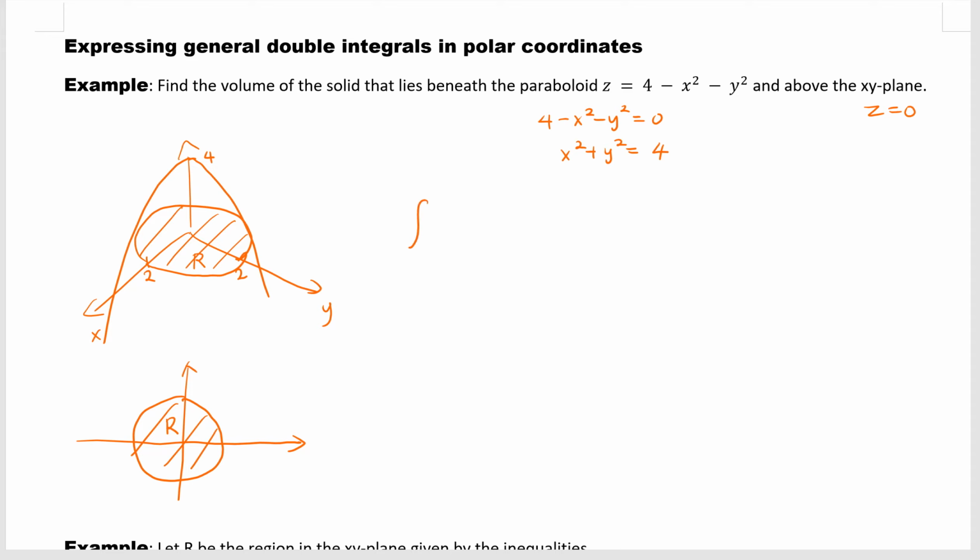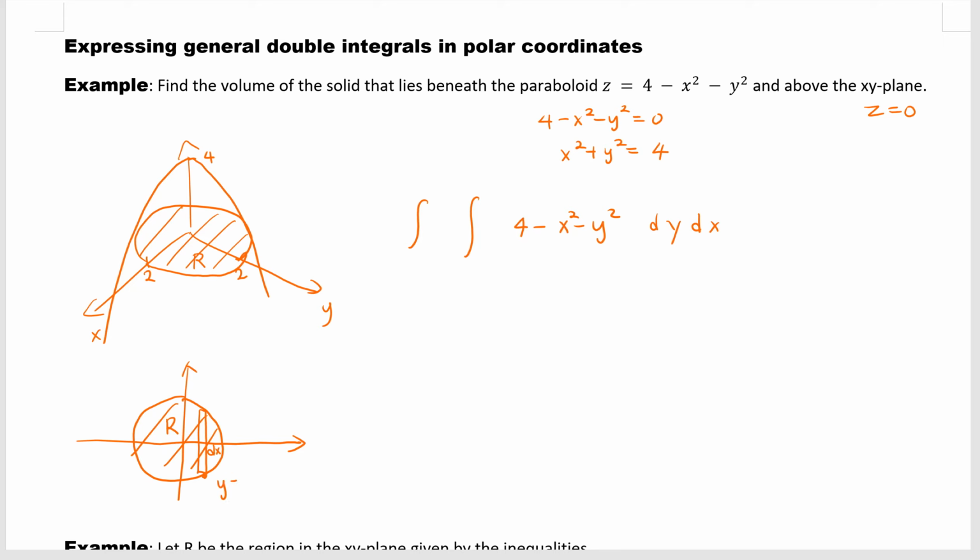So first of all, I want to show you what happens if we set up the double integral in Cartesian coordinates. Okay, so in the Cartesian coordinates, here the order doesn't matter. We can do dy dx or dx dy. So let me do dy dx, which means I cut it vertically. Okay, so that's dx.